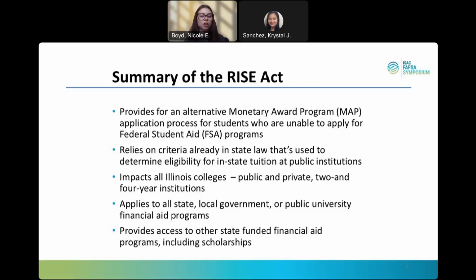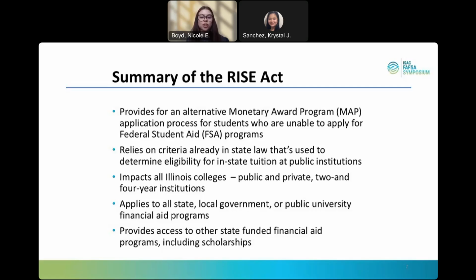It also relies on criteria that is already enshrined in state law that is already used to determine eligibility for who is considered an in-state student to receive in-state tuition at public institutions. It does impact all Illinois colleges, both public and private, as well as both 2- and 4-year institutions.